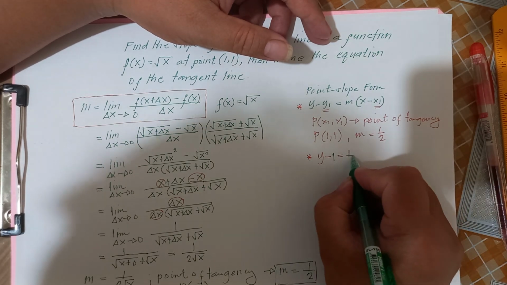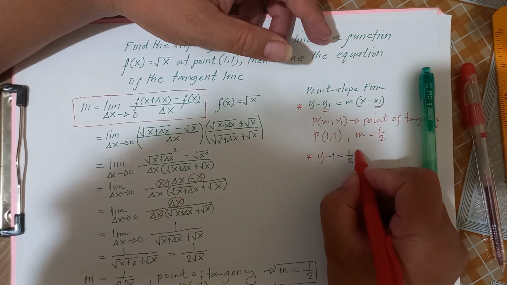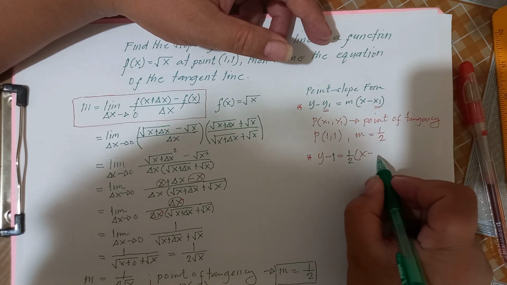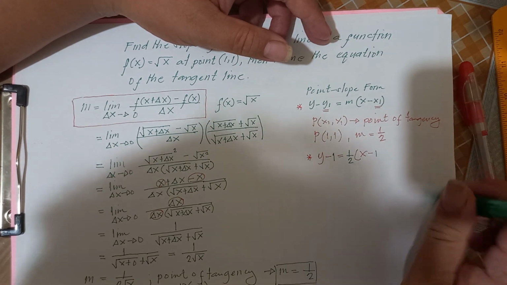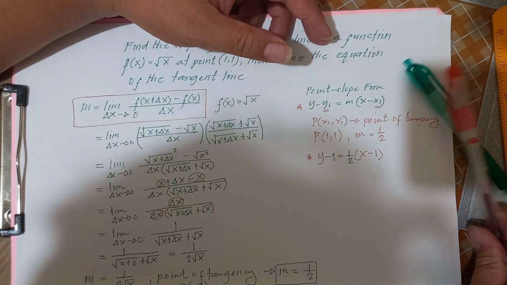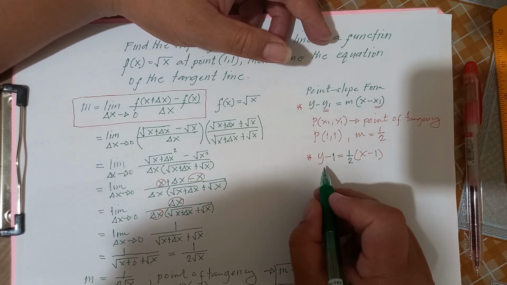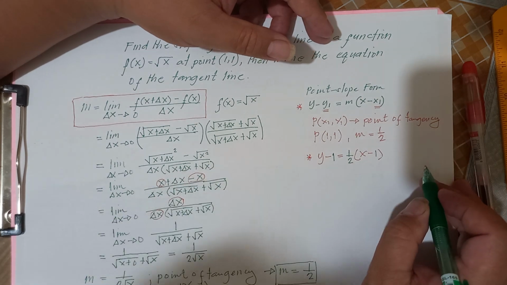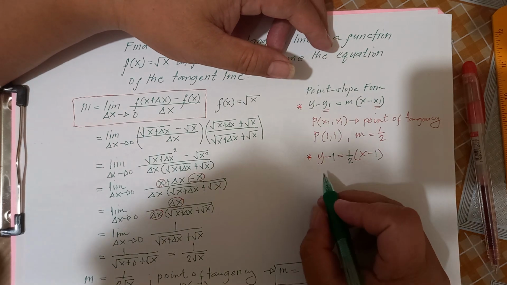Our m is the one that was computed, that is 1/2, multiplied by the quantity x minus x sub 1. What is your x sub 1? That is the same as 1. So we have in here now the point slope form.